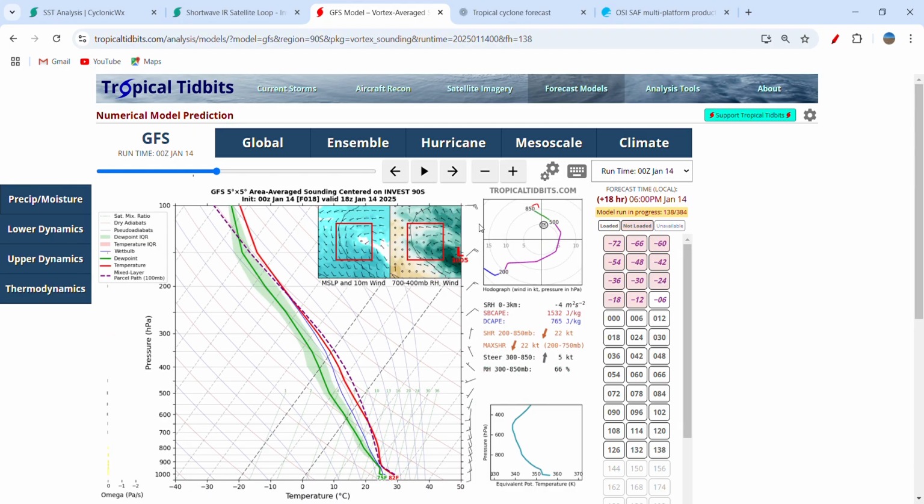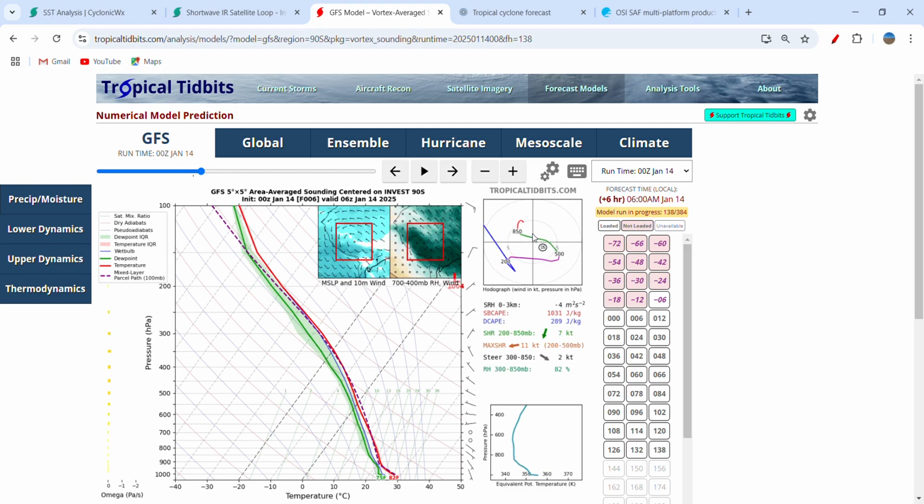The flow is not really consistent, and at the current time, the flow is weak, higher than 500.